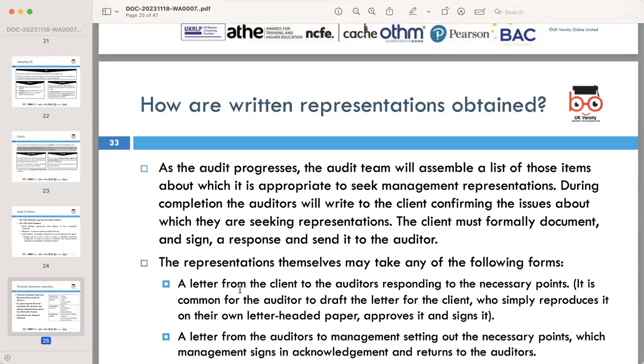As the audit continues, the auditors will send a letter to the company. This letter talks about the important things the auditors want the company to confirm or explain. So the company has to write a formal response to the auditors, like a letter from the company to the auditors. The company needs to sign this letter and send it back to the auditors.